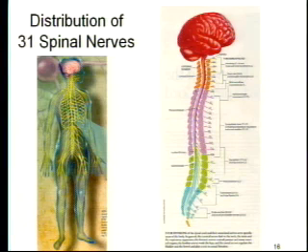The other thing you should notice is that there is a kind of proportional representation, if you will, between the number of spinal nerves that project to a particular part of the body and the needs of that particular body part for fine sensory acuity and fine motor control. You want to have a lot of sensitivity in your hands.